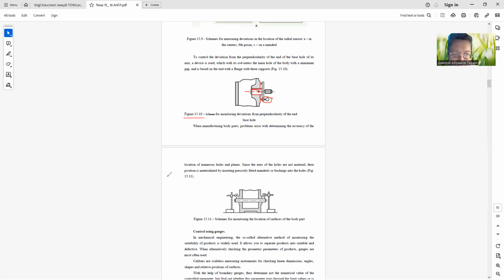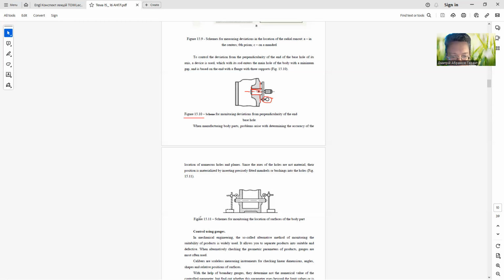When manufacturing body parts, problems arise with determining the accuracy of the location of numerous holes and planes. Since the axes of the holes are not material, their position is materialized by inserting precisely fitted mandrels or bushings into the holes.